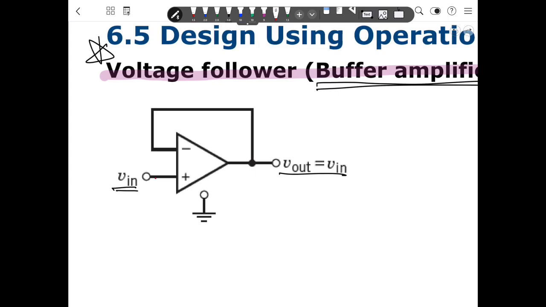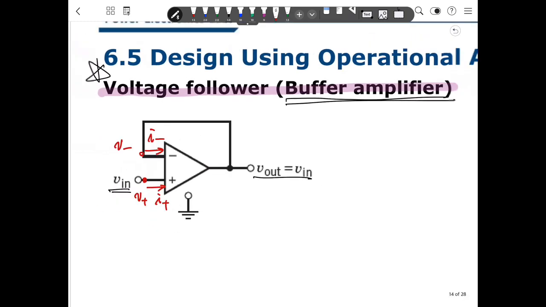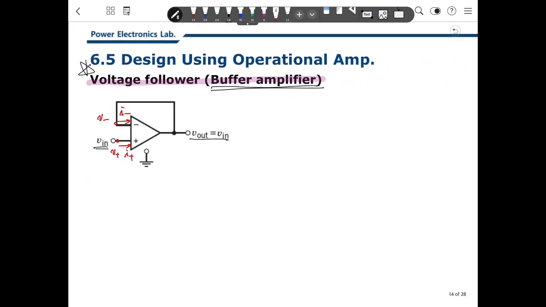Because this is an op-amp, we define this as V plus, and this contains I plus, and this is V minus, and this contains I minus. Then what should we do? We should write the relationship. V plus is equal to V minus, and I plus equals I minus, which is 0.